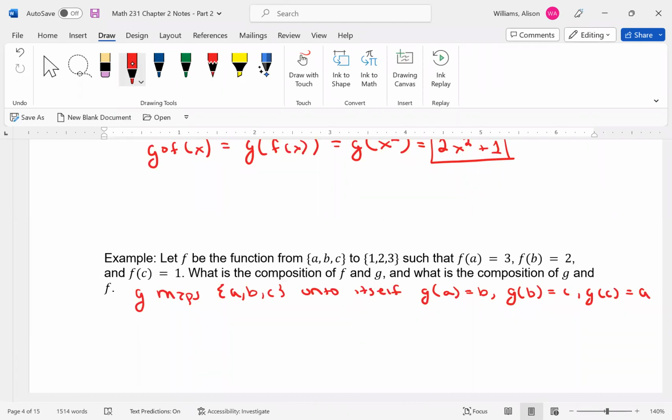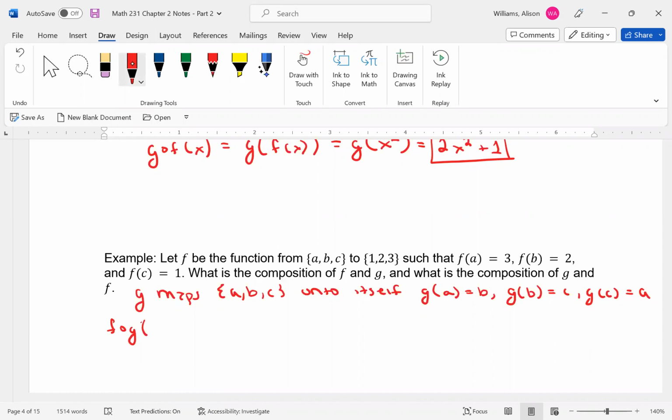Okay, here we go. So let's do this. We want to find the composition F composed of G and then G composed of F. So let's start with F composed of G. What we have to do is do each mapping as it makes sense.